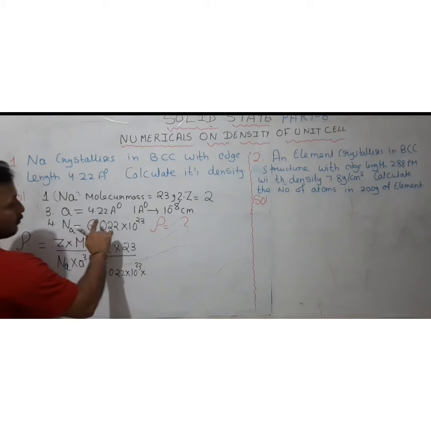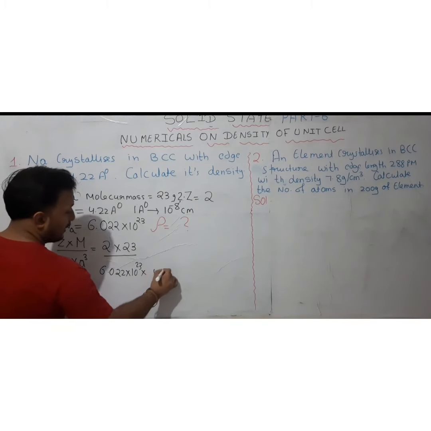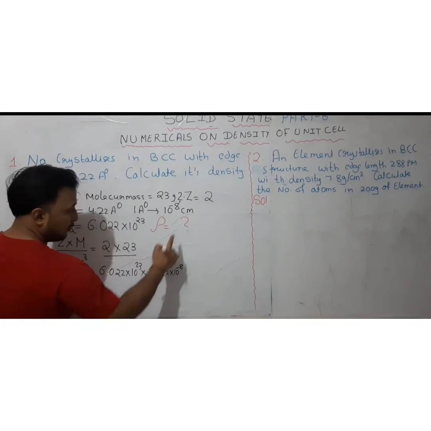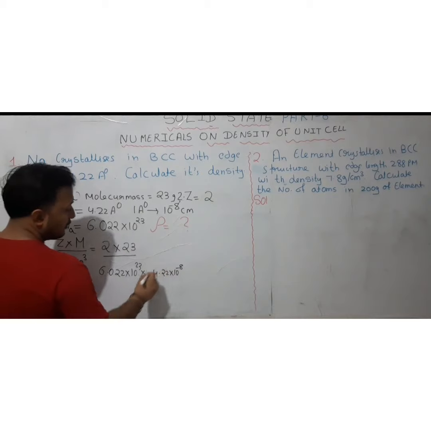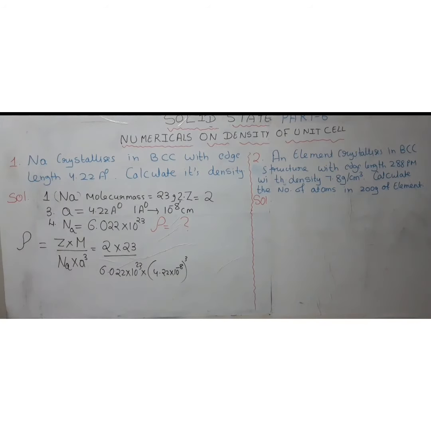Now the edge length we are going to convert into centimeter, so it will be 4.22 multiplied by 10 raised to power minus 8, because you need to convert it into centimeter, whole cube. Like that you put in all the values, and then do the calculations. After the calculation you will find the answer.